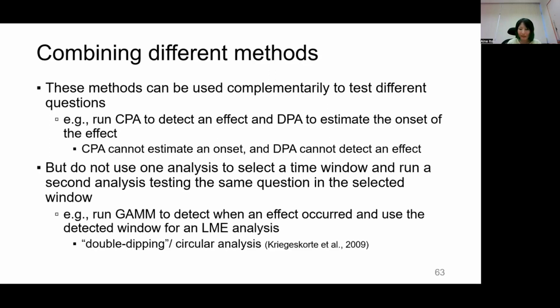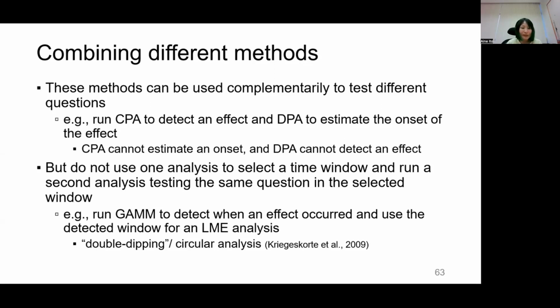But one thing that I have to note is that you shouldn't use one analysis to select a time window and then run a second analysis testing the same question in the selected window. Right, because what you are doing is finding the optimal window to find the effect you want to find, and then you are using that optimized window for your second analysis.